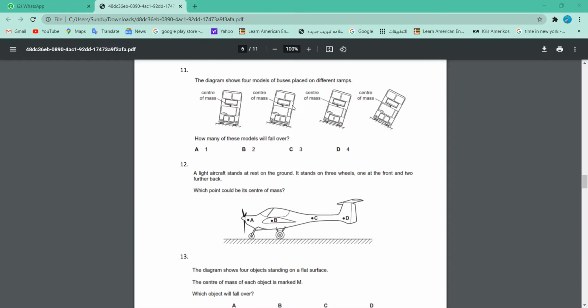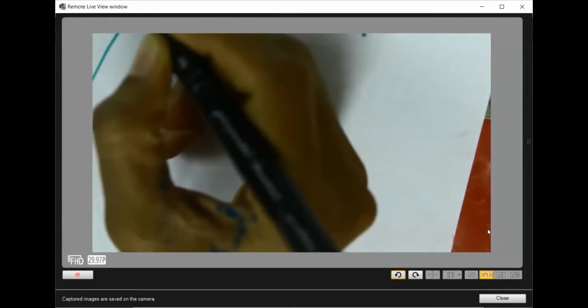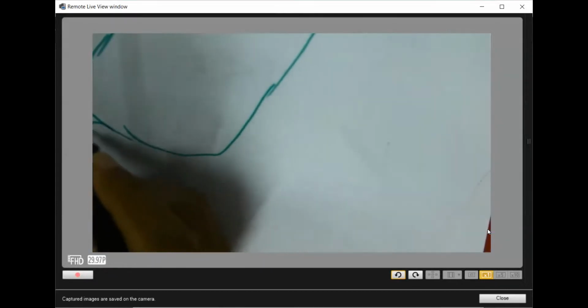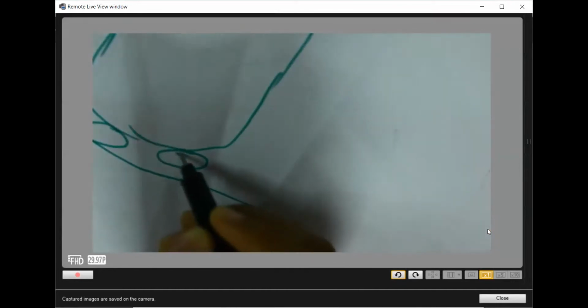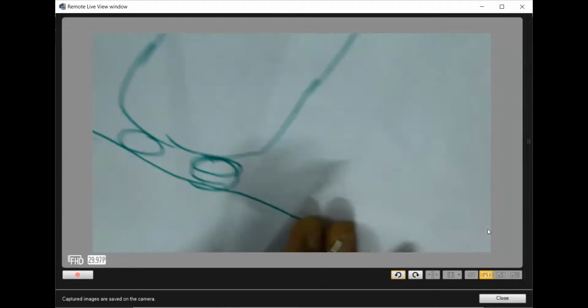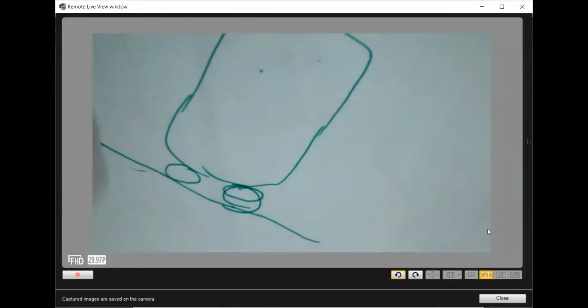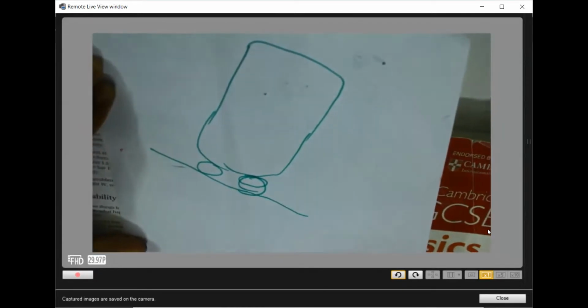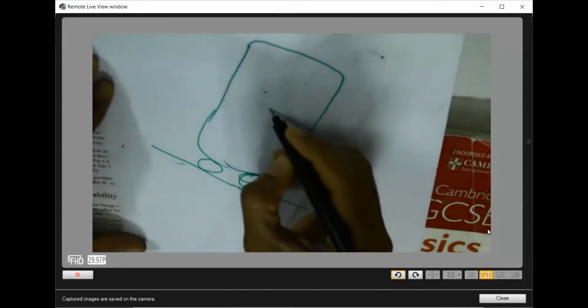Yes, but I will explain this a little further. I'm sharing my camera because I will have to make a diagram. See, when you are looking at this diagram, this is the bus. These are the wheels. Now, this is the center of mass, for example.